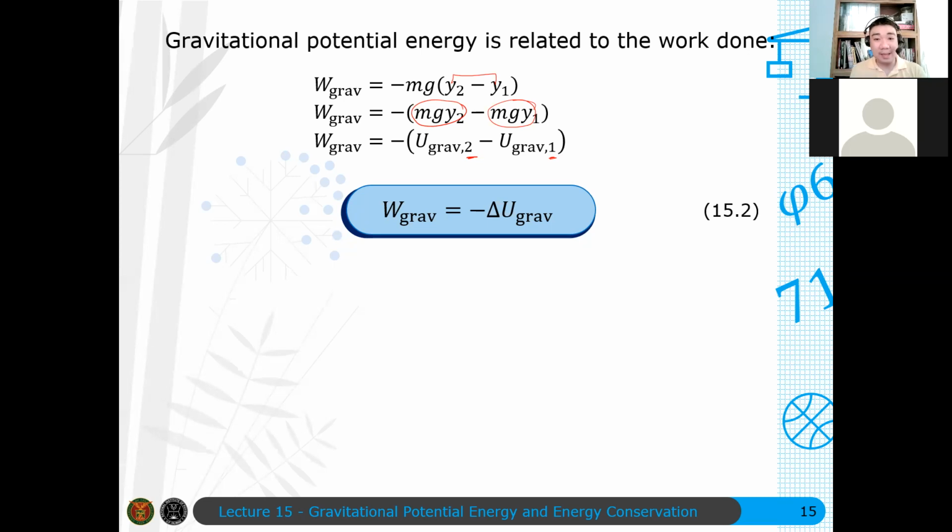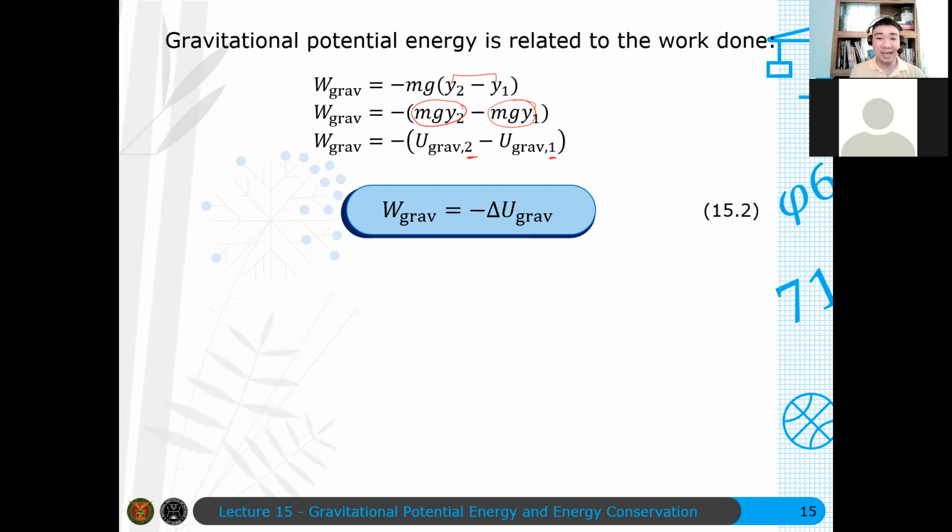Ito na yung sinasabi kong may ibang pinuntahan yung gravitational work. Hindi na siya necessarily para magbago yung motion o speed ng object. Ang sinasabi dito is nagbago na yung arrangement ng object. The work done is just the negative change in the gravitational potential energy of the system.